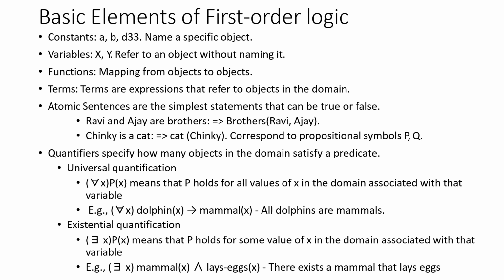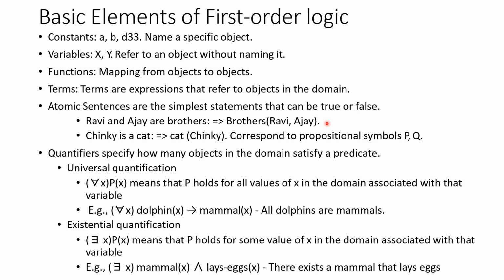Then atomic sentences. Atomic sentences are the simplest statements that can be true or false. Here you can see the examples. Ravi and Ajay are brothers, so brothers(Ravi, Ajay). Chingy is a cat, so cat(Chingy). These are similar to propositional symbols P and Q, but with some structure.